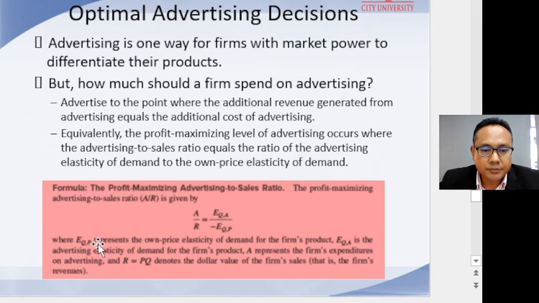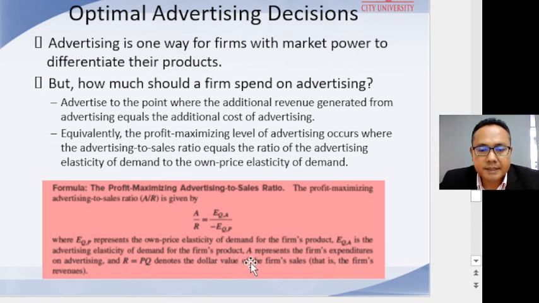So this is the formula for the profit maximizing advertising to sales ratio: A divided by R equals EQA divided by minus EQP, where EQP represents the own price elasticity of demand for the firm's product, and EQA is the advertising elasticity of demand for the firm's product.